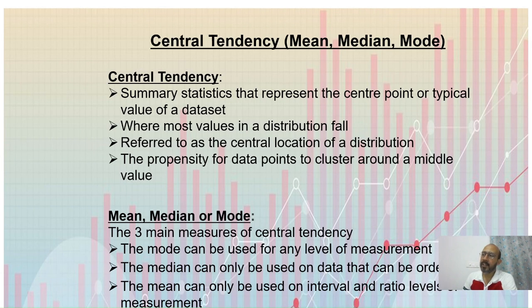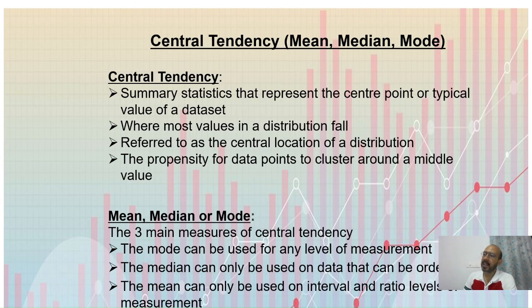Measures of central tendency are summary statistics that represent the central point or typical value of a data set. Examples of these measures include the mean, median and mode.